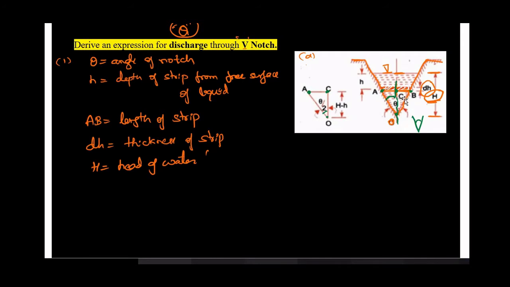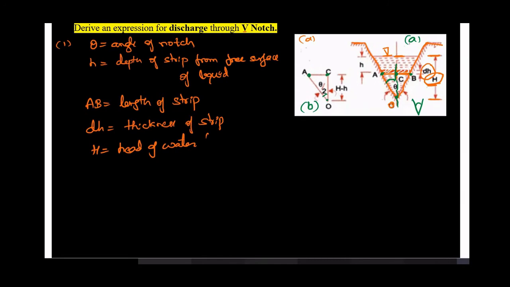Okay. So first we'll write the tan theta by 2 formula. Look at this small sketch, one more triangle I have taken, that is B diagram. This is A diagram. So apply the tan theta by 2 formula. Tan theta by 2 is equal to opposite side, AC, divided by the adjacent side, that is perpendicular, OC, from here to here, OC.